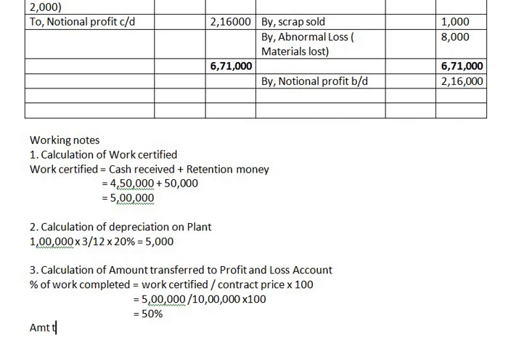Amount transferred to profit and loss account is equal to, now when half of the contract is completed, 2/3 of the notional profit into cash received divided by work certified.